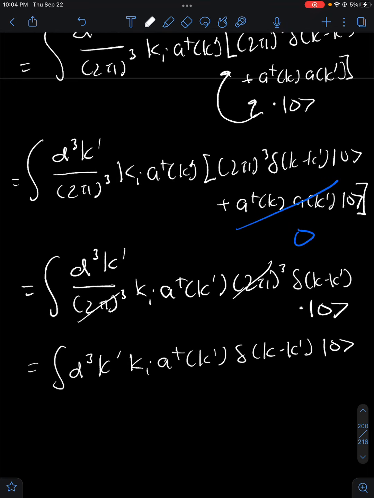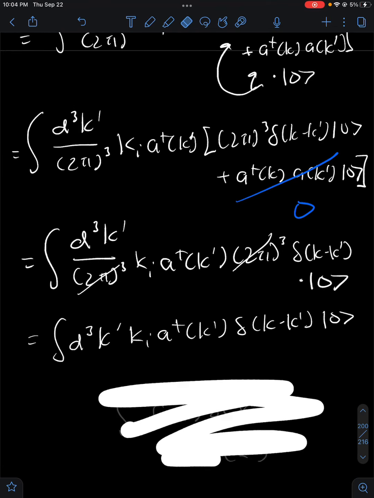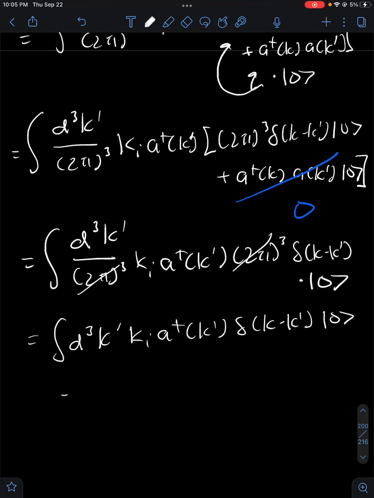We know from properties of the delta function that if you have the integral of f of x times delta of x minus a, that's just f of a, right? So when we integrate over all momentum, this is just going to give us a conjugate k.